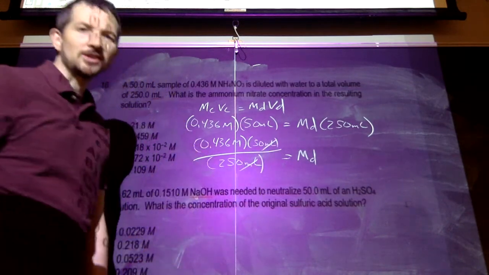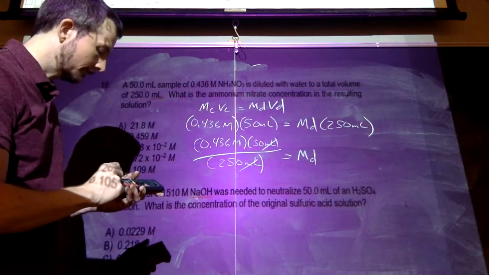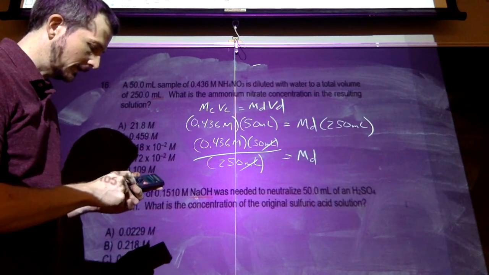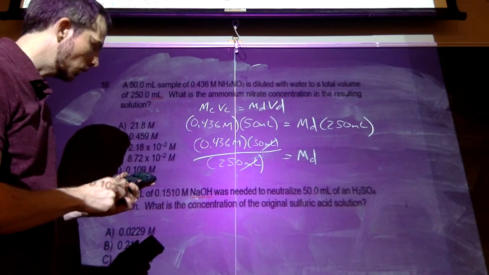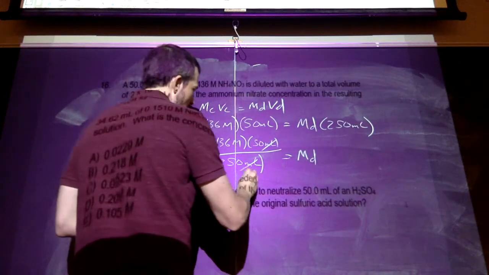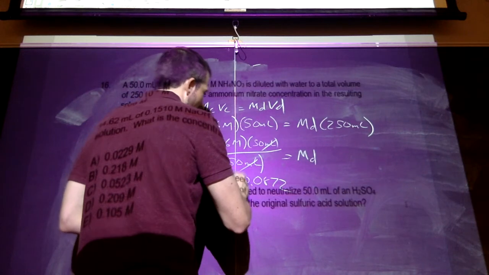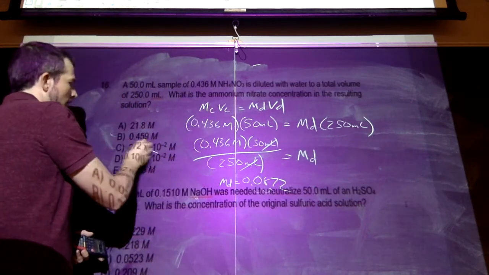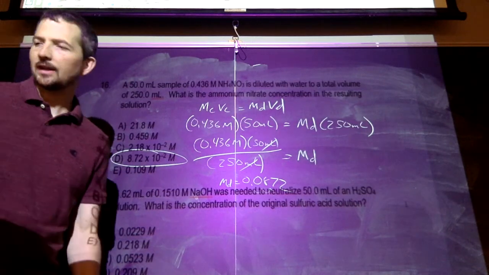Your milliliters will cancel out. You'll be left with your answer in moles per liter, so molarity. So 0.436 times 50 divided by 250. So 0.0872, which is going to be 8.72 times 10 to the minus second. So D, correct answer.